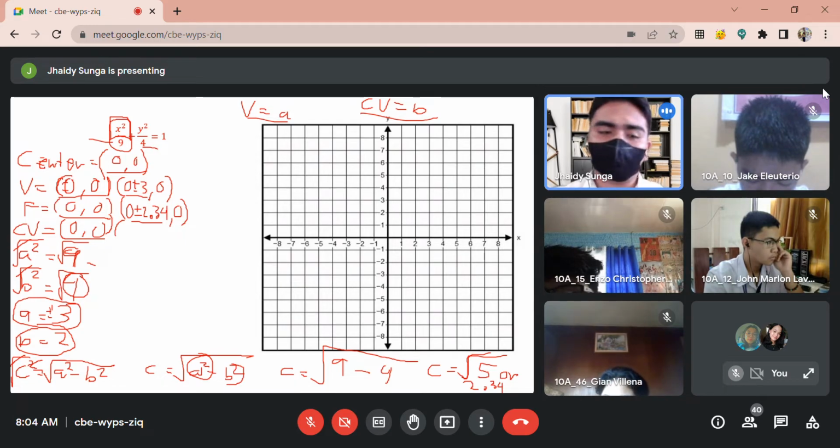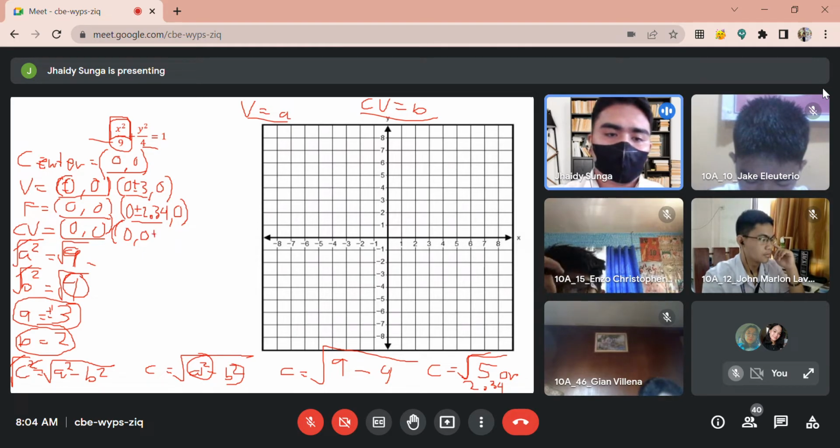It's the opposite. If your vertices are on the x-intercept, then the co-vertices are located at the y-intercept. So your x-intercept will be 0. Then you are going to add and subtract. What's the value of B? It's 2. So you're going to add and subtract 2.